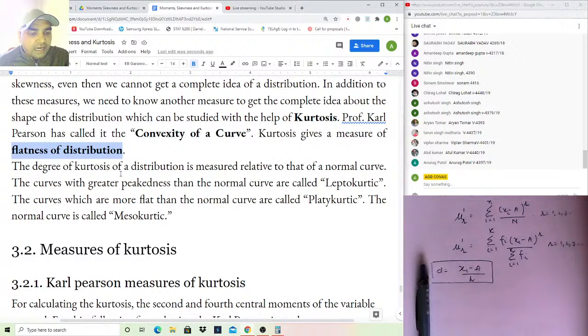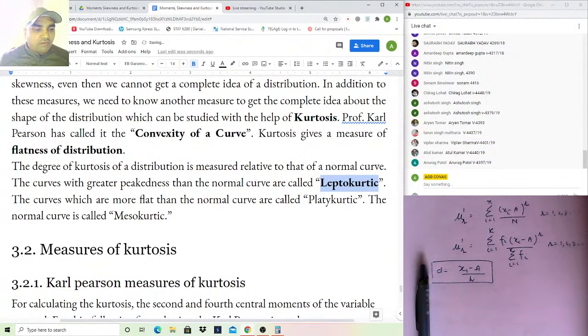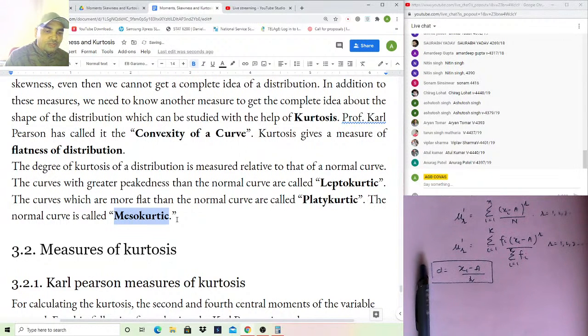A curve with greater peakedness than the normal curve is known as leptokurtic. A curve which is more flat than the normal is platykurtic. And the normal curve is known as mesokurtic.